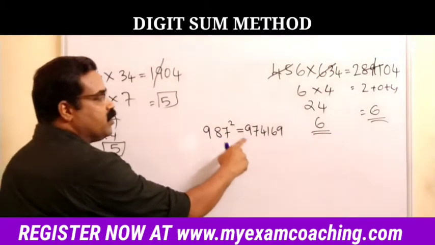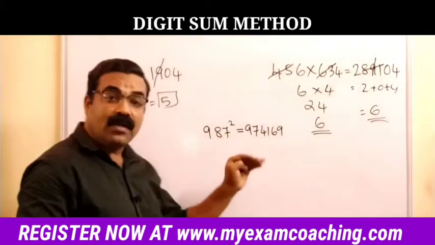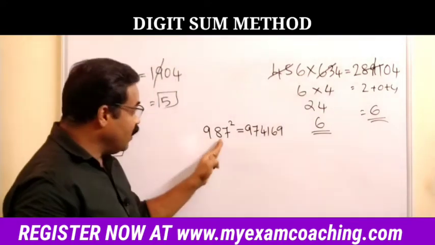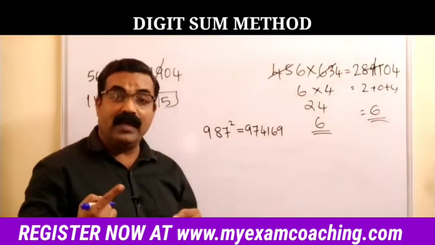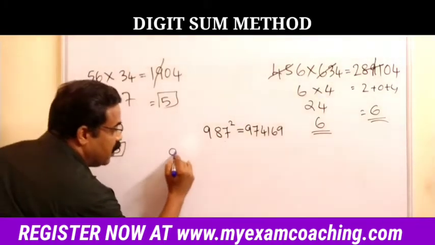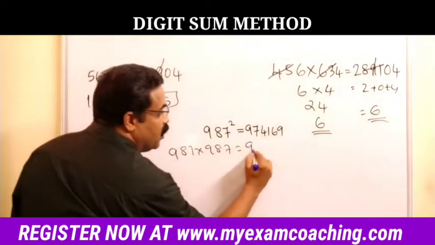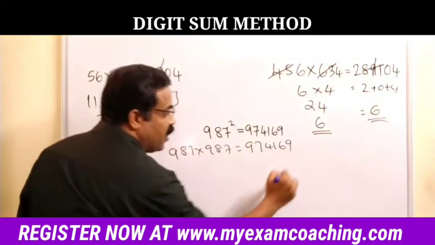987 square is equal to 974169. We need to check whether the given answer is correct or not. 987 square means we need to multiply 987 two times: 987 into 987 is equal to 974169.